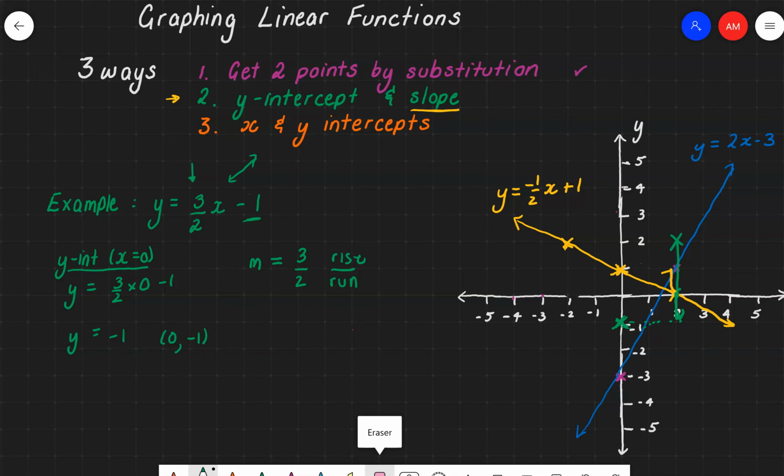If you want to get a third point, we can go again, run 2, rise 3. We can even go over here, running 2 and rising 3. And you can see they all form a lovely straight line.